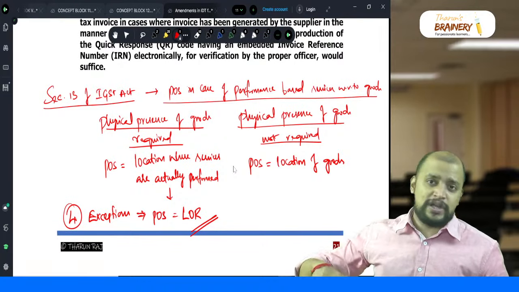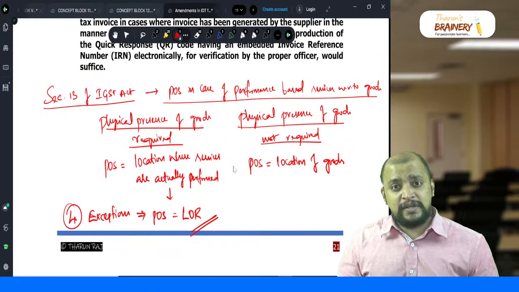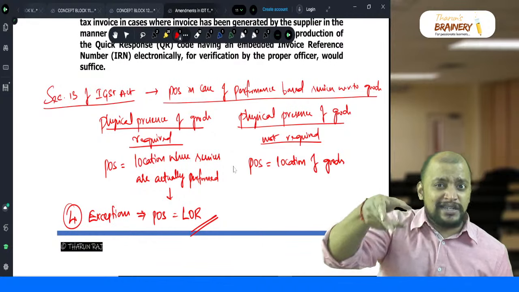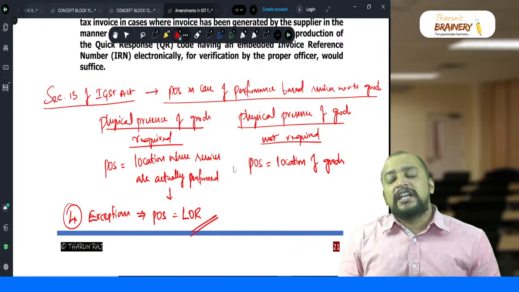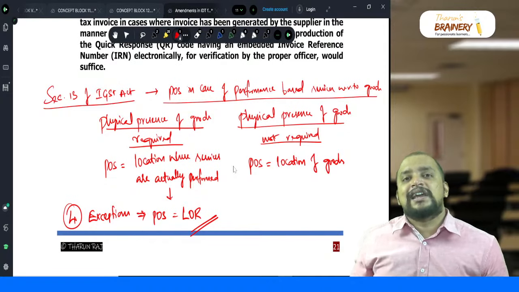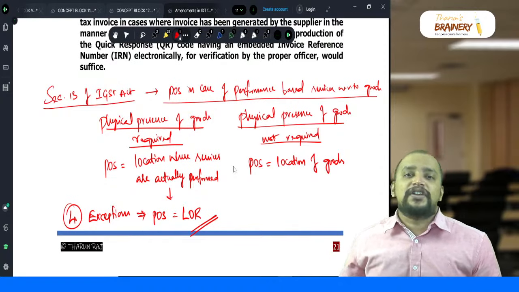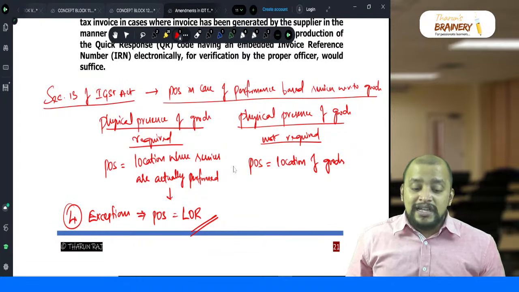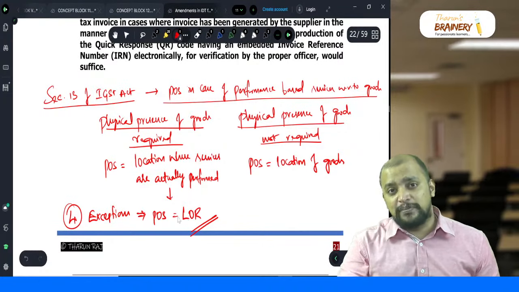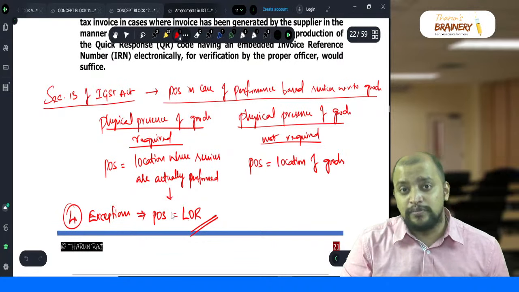So they are telling that location of recipient will be taken as the place of supply. It is already covered under the first exception, so why is it given separately? Because in the first case, it should be exported after use. But in this case, it need not be exported after use. So location of recipient in case of drugs imported for testing.